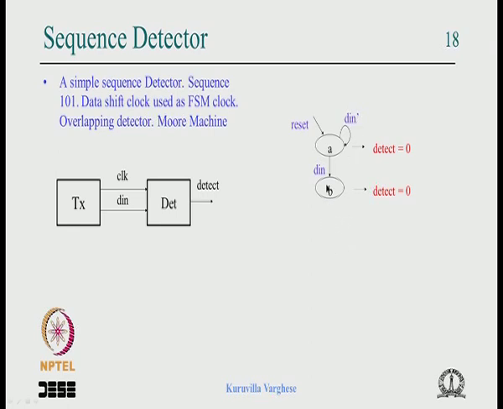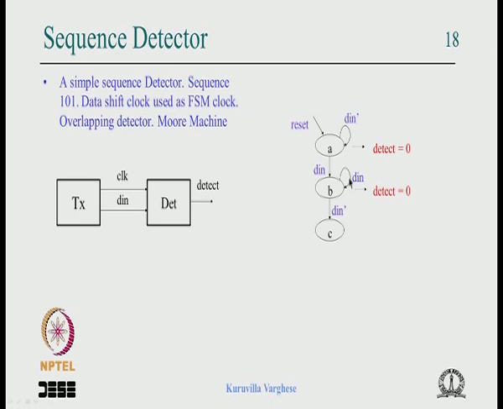But if D in is 1 we do not have to go back, because we have already got 1, and if further ones are coming it is the starting bit of the sequence and we can remain here as long as 1 is coming. That is what is shown here, because anytime the sequence can start.